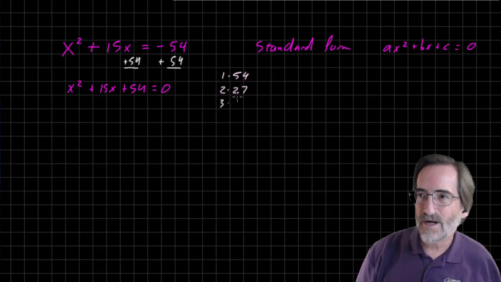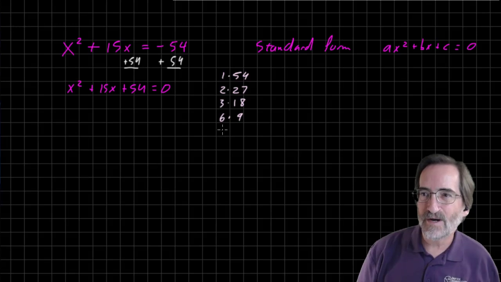Let's see, 3 times, 54 divided by 3 goes 18, so 3 times 18. 4 doesn't go, right? 4 doesn't go. 5 doesn't go. 6 does go. 6 times 9 is 54. And then 7 doesn't go, and that's about it.